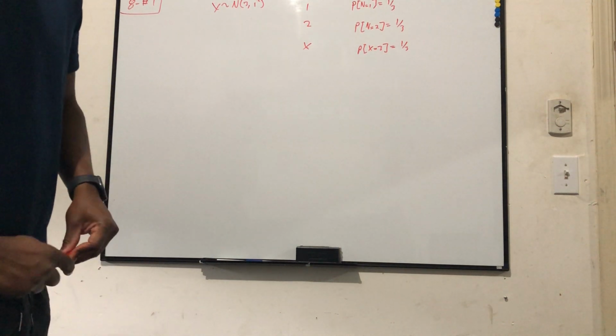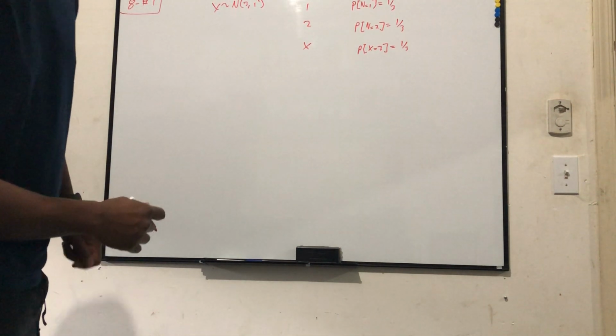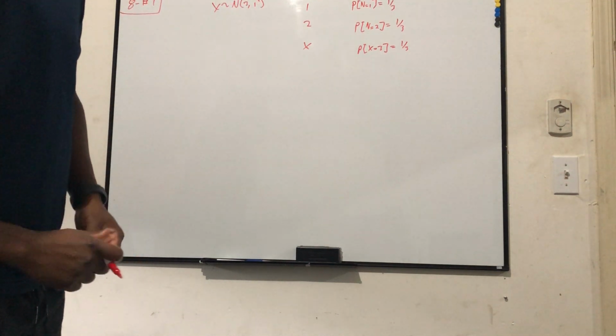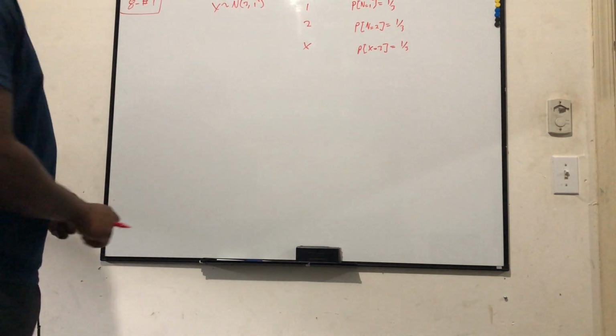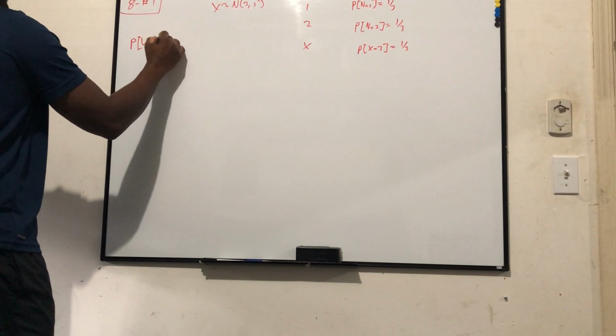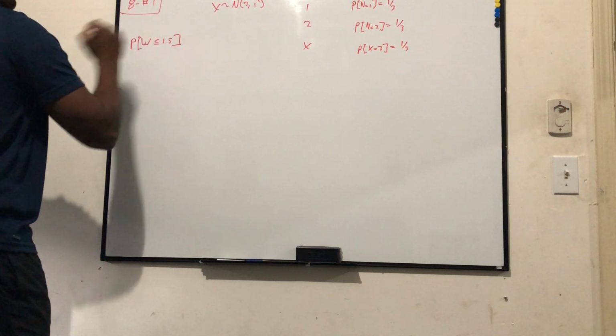And it says if W represents the player's score on one spin of the wheel, what is the probability of W being less than 1.5?